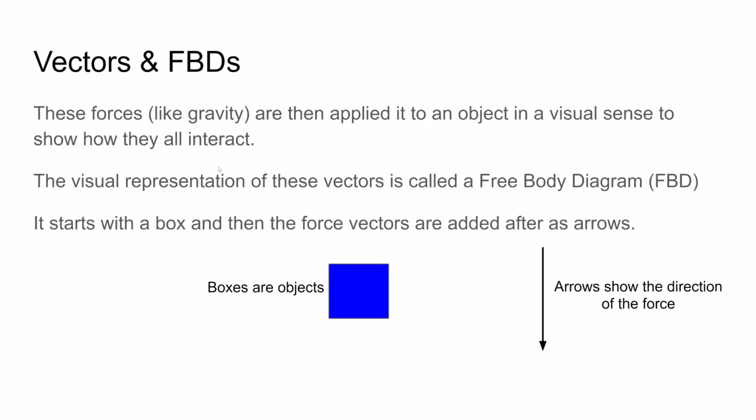So the visual representation of these vectors is called a free body diagram, or an FBD. It starts with a box, and then the force vectors are added after as arrows. Okay, so in our free body diagrams, we got a box as an object, and we got an arrow to show a force. Arrows can be pointing up, down, left, right, or in any of the angled directions around.